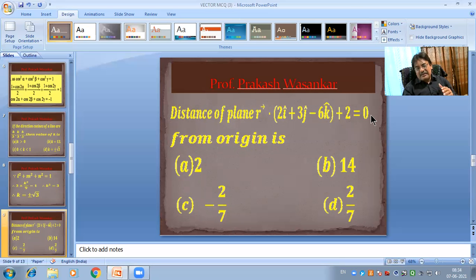And then we find the DCs, that is, the direction cosines of a line parallel to this vector. Here the DRs of the line are minus 2, minus 3, 6 after multiplying by the negative sign.